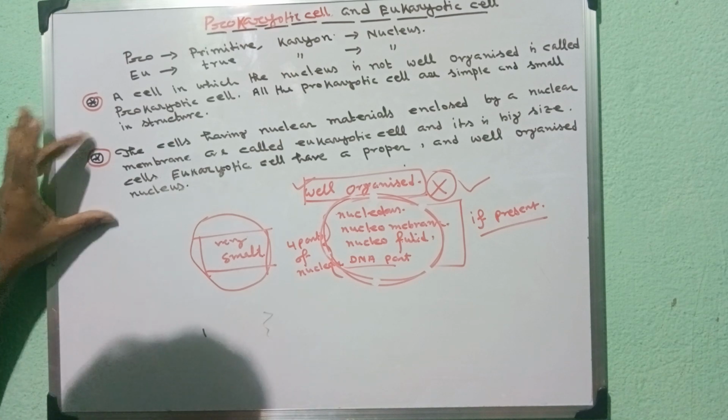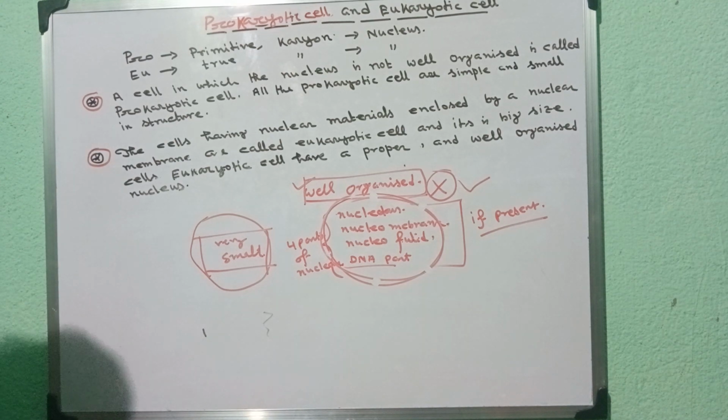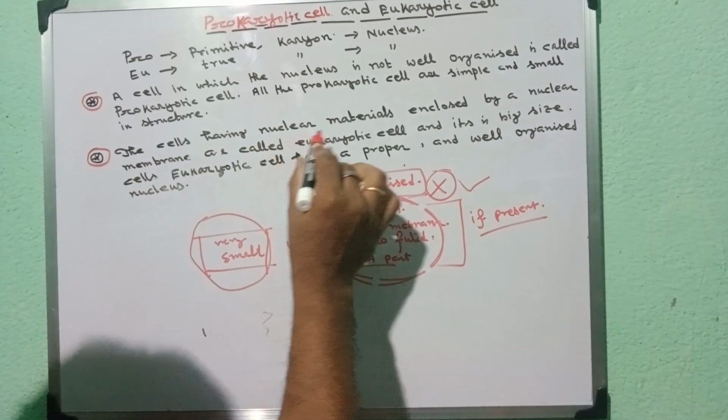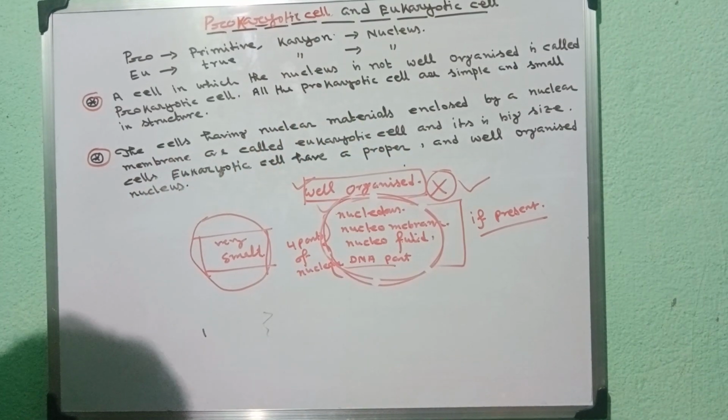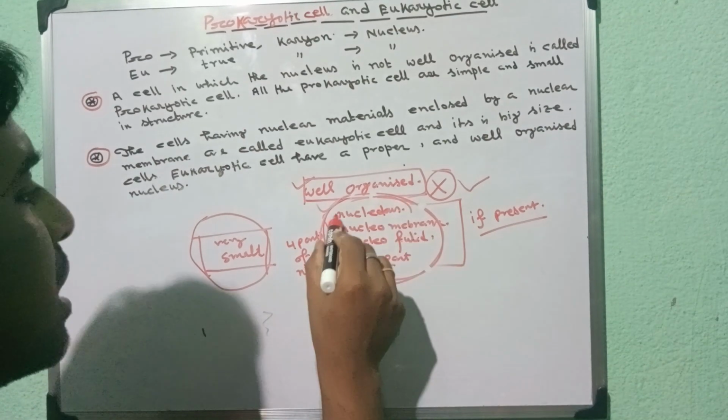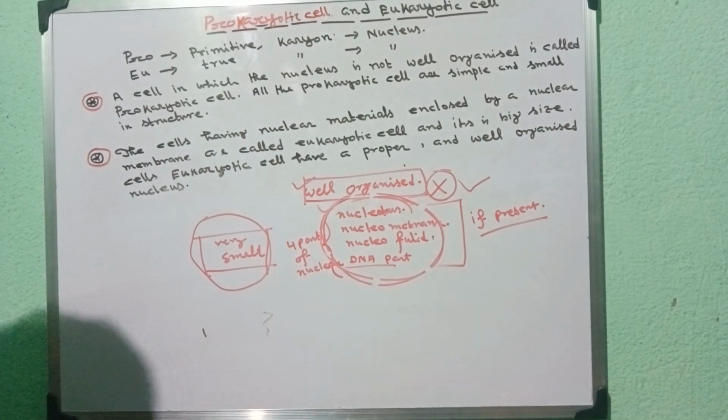But in the eukaryotic cell, the nuclear material is enclosed by the nuclear membrane, a double layer structure.